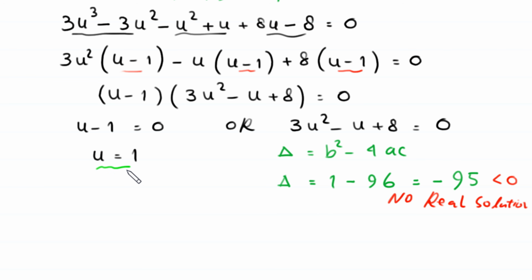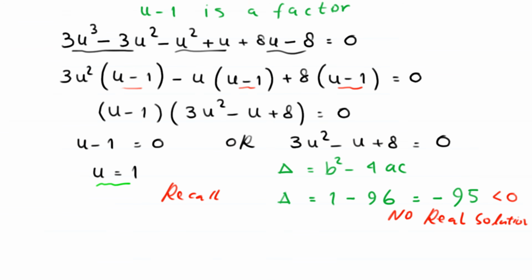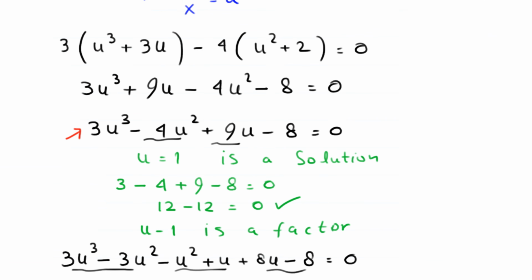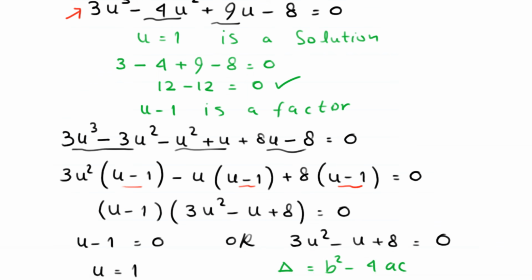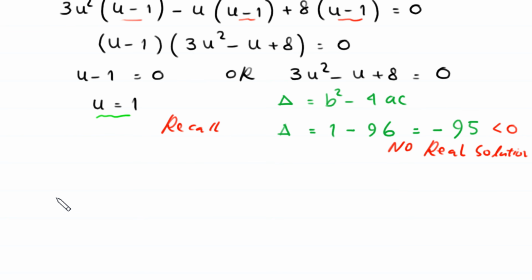Now to find the values of x, recall that we have supposed that x minus 1 over x equal to u. Since u is 1, this will become x minus 1 over x equal to 1.